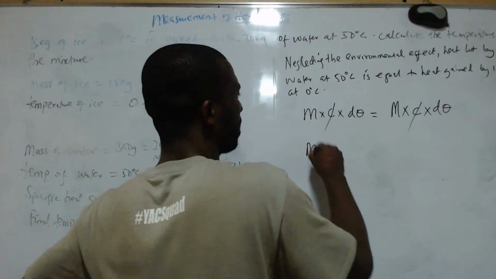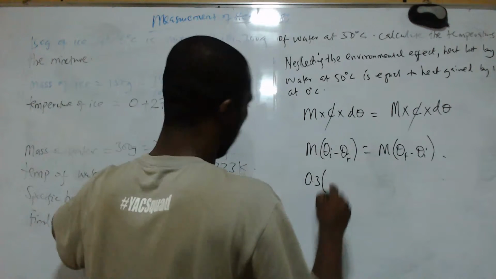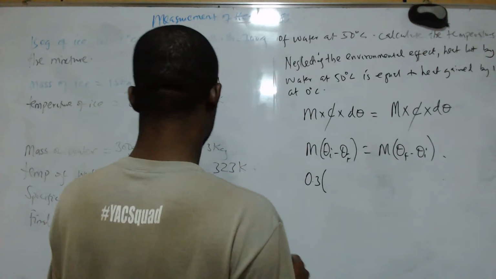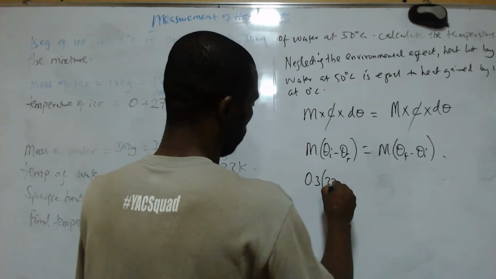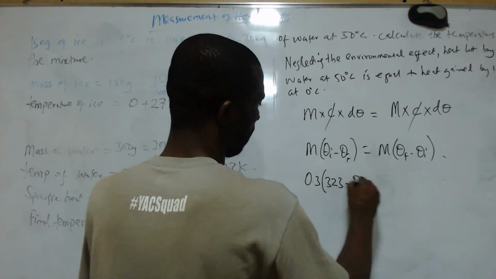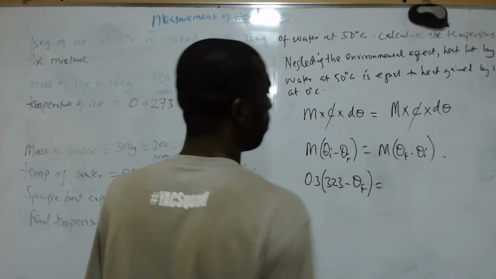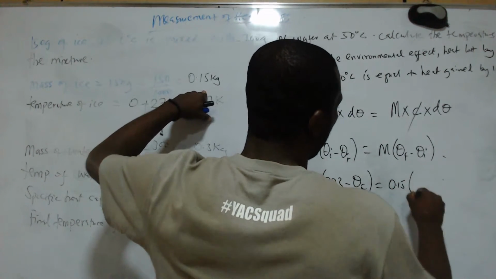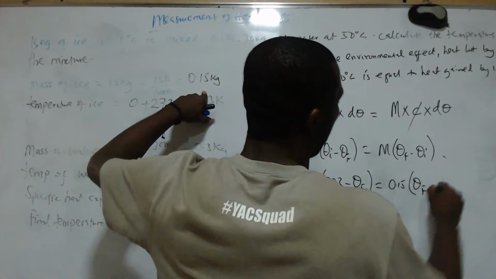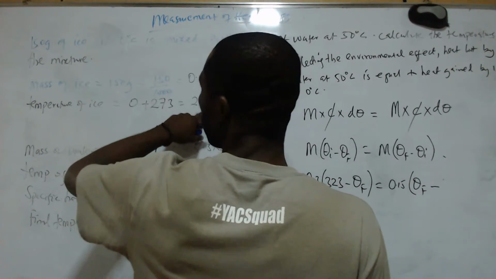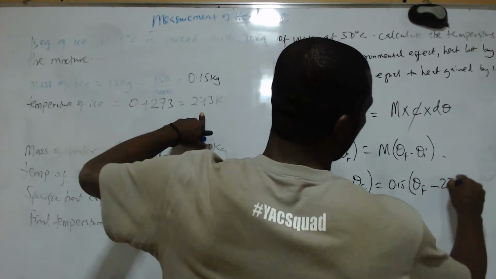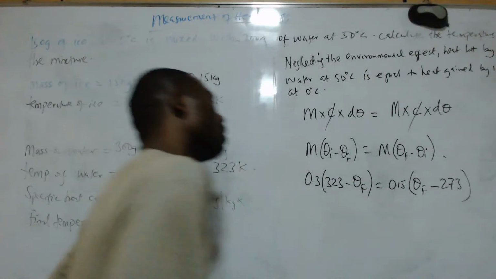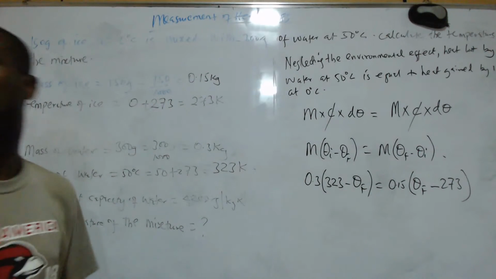So we have mass into bracket theta initial was 323 minus theta final, equal to mass of ice, 0.15, into theta final minus theta initial, which was 273.